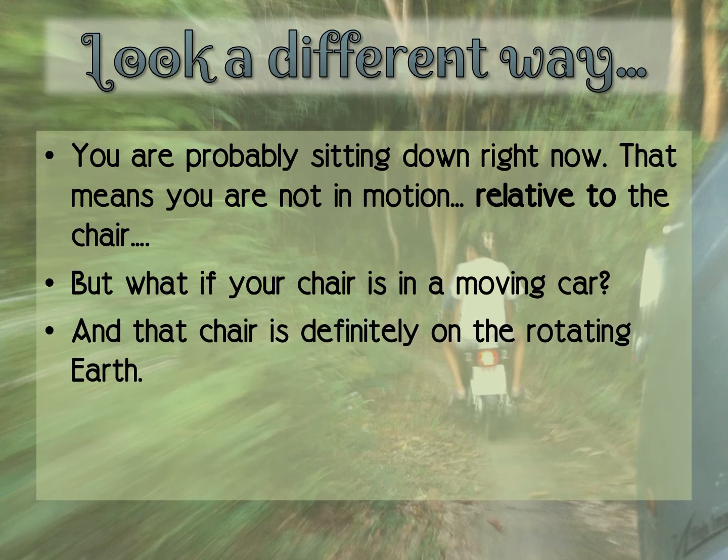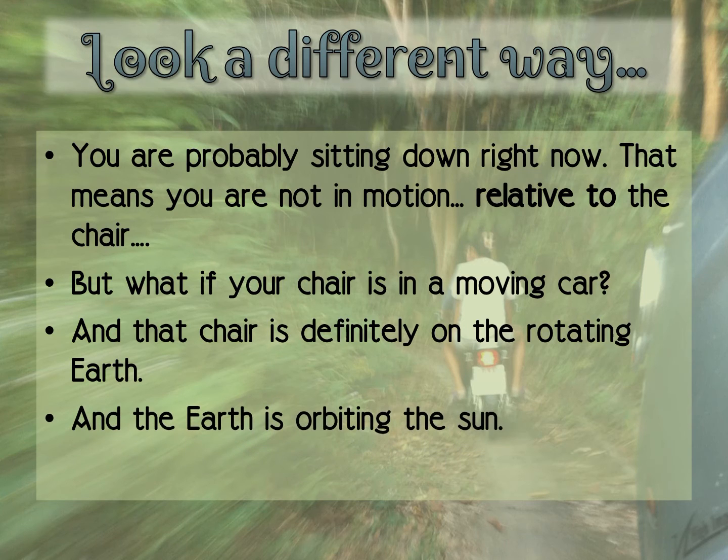As we said before, that chair is definitely on the rotating Earth, and so over time the Earth rotates around and moves in space, and the Earth is orbiting the Sun, which means that you are not only rotating on the planet, but the planet itself is moving around the Sun. So in one way you are not moving relative to the chair and maybe the building around you, but in many other ways you are actually moving.